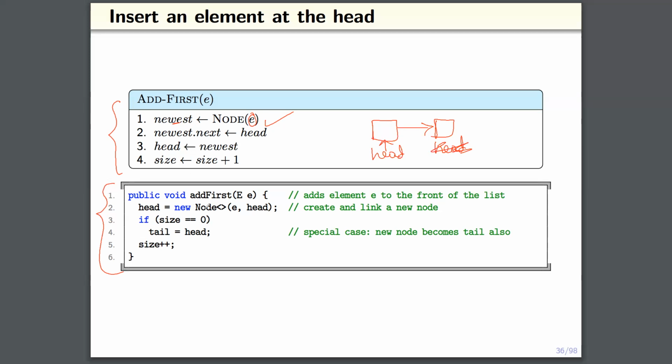The code is like this. So new node, the data is E, and the next pointer of that node is the head, right? Next pointer is the original head. Now head is equal to this. That means you are setting head to this Newest node.